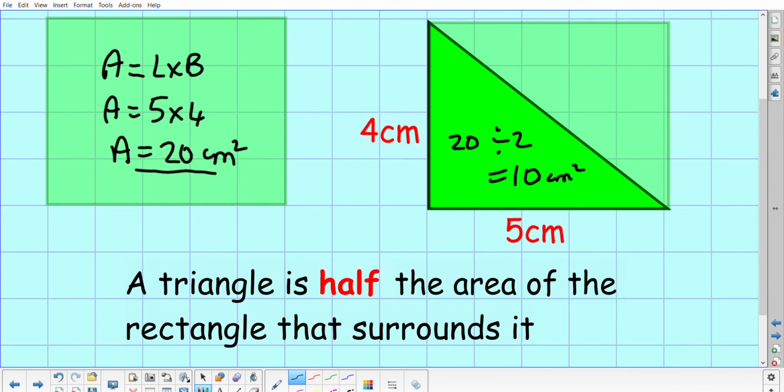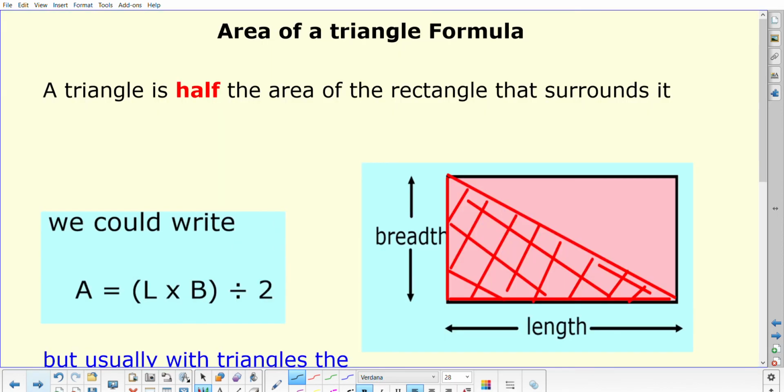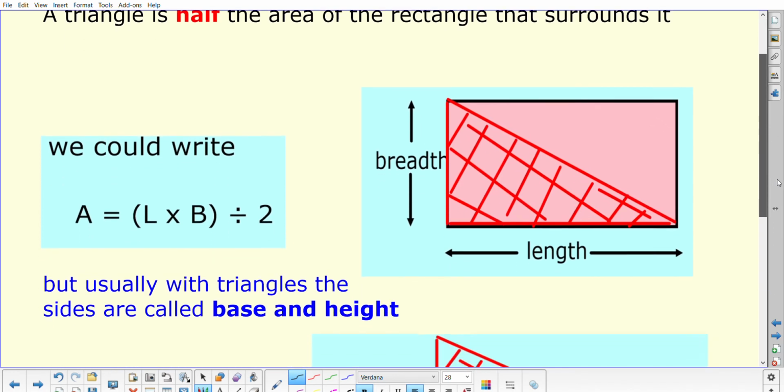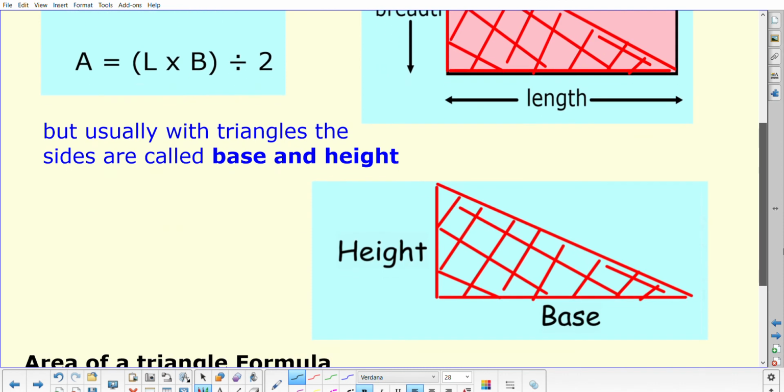So we can use that to help us come up with the rule for finding the area of a triangle. If we say that a triangle is half the area of the rectangle that surrounds it, because we know that to get the rectangle we do length times breadth, that would therefore mean that all we've basically got to do is then halve, divide by 2, to get the triangle. However, with triangles we don't talk about length and breadth, we talk about base and height.